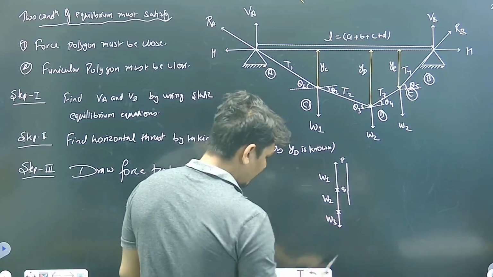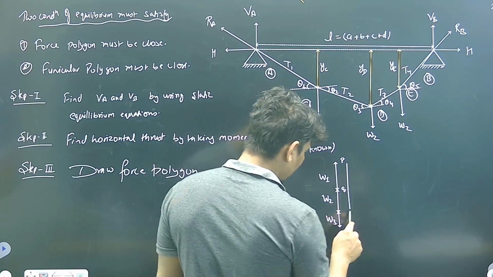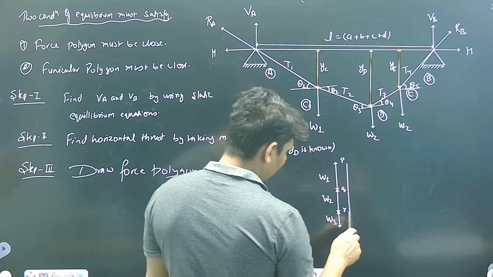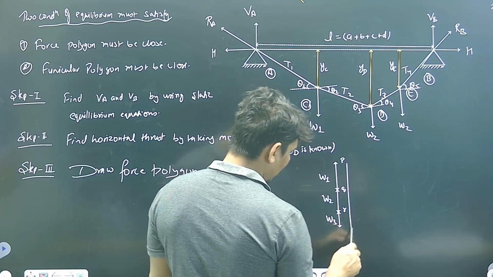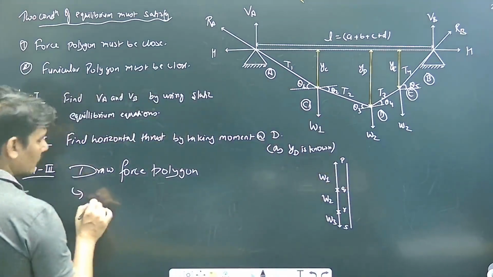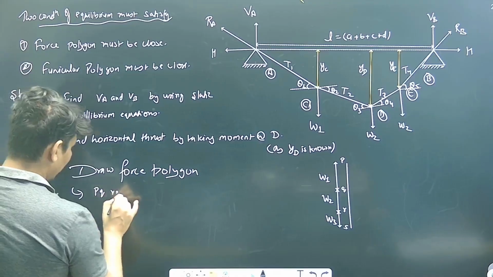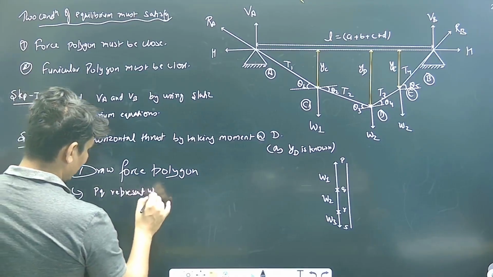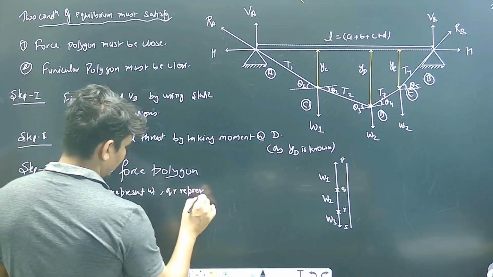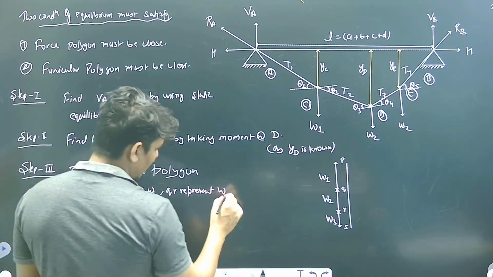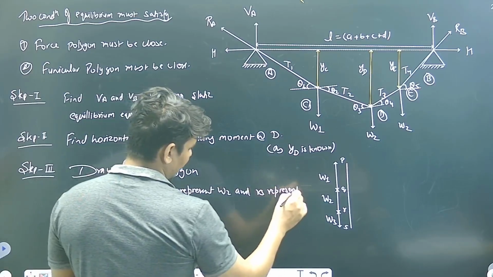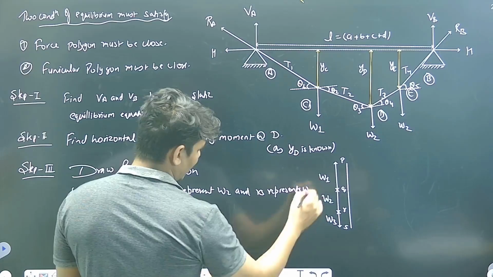Then Q to R represents W2, and then R to S represents W3.